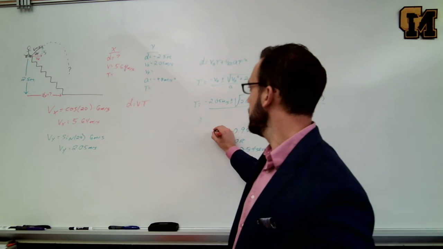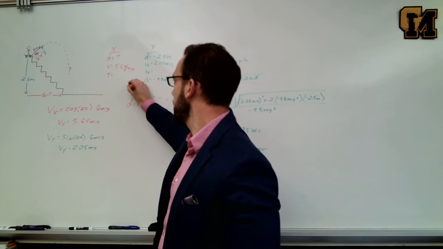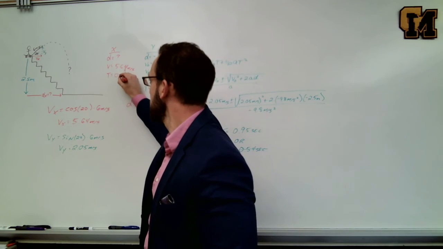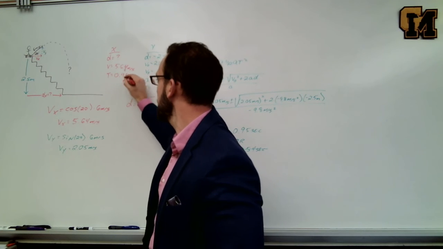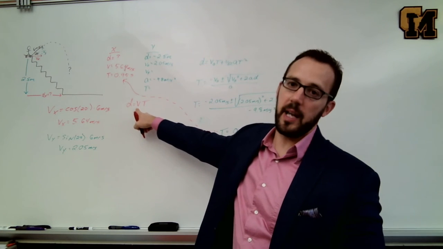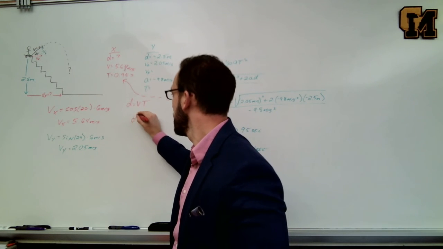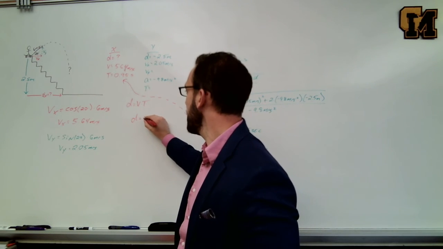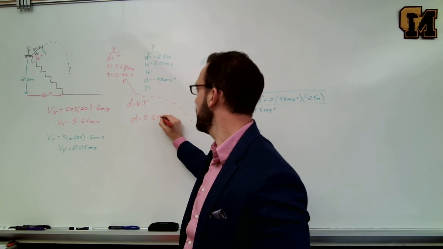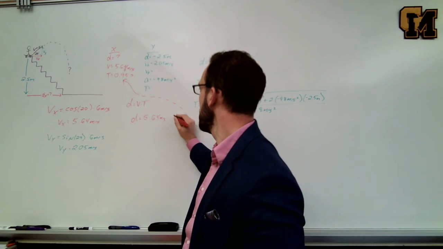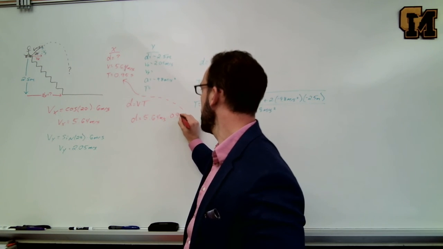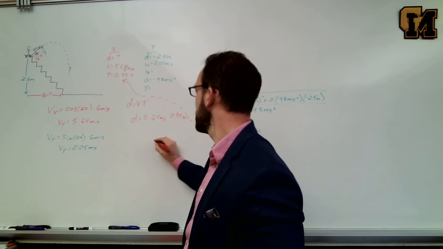So I'm going to use this 0.95 seconds up here in the x direction. And I can now plug in very easily and solve for displacement in the x direction. So the displacement would be my velocity in the x direction, 5.64 meters per second, multiplied by 0.95 seconds.